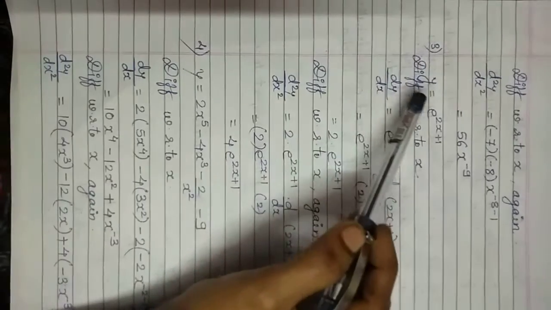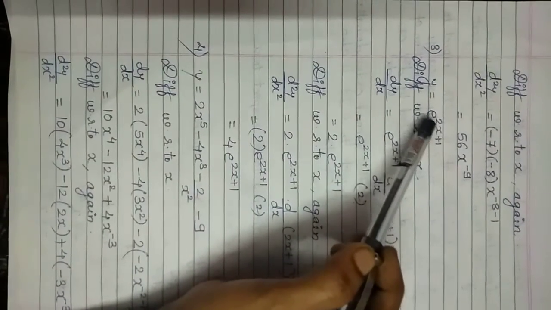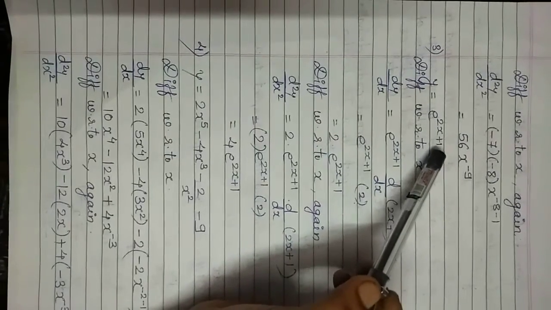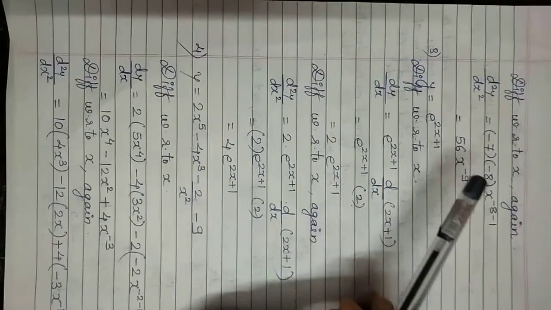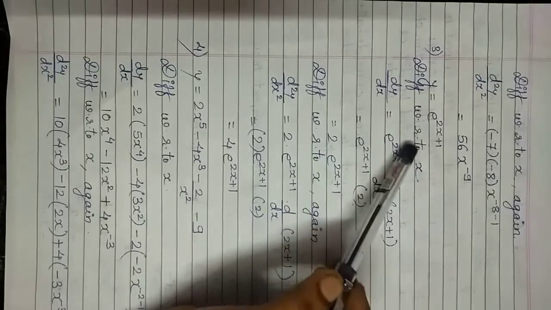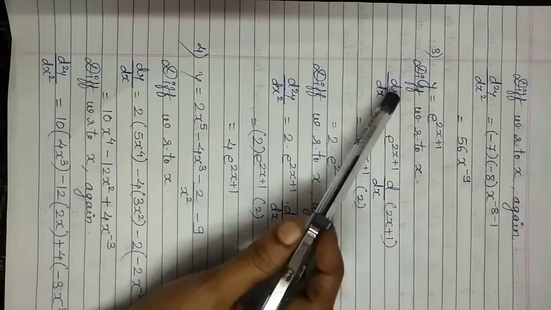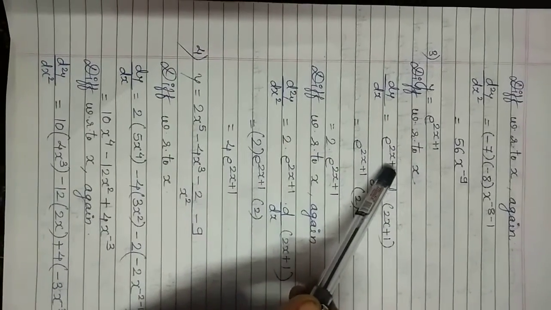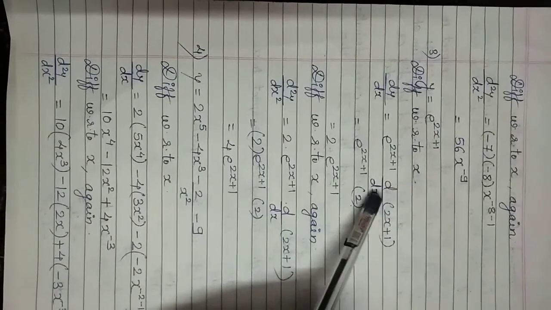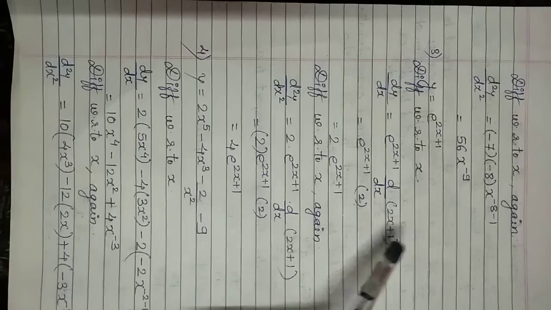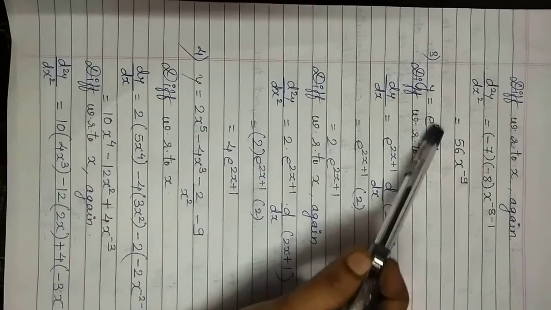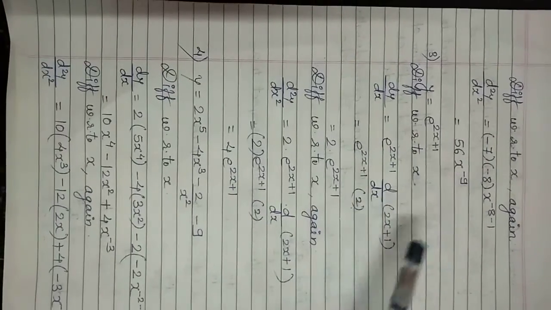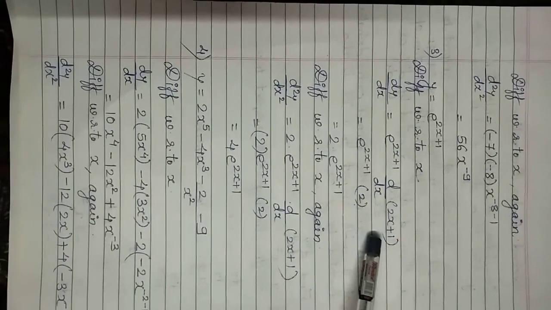Third example, y is equal to e raised to 2x plus 1. Now this is in terms of e raised to x. So differentiating with respect to x, we will get dy by dx is equal to e raised to 2x plus 1 into the derivative of 2x plus 1. We know that whenever we consider any function as x, we again find the derivative of that x.